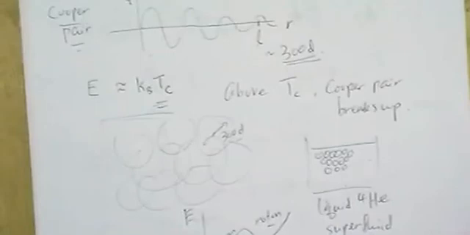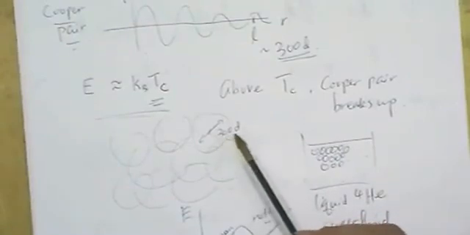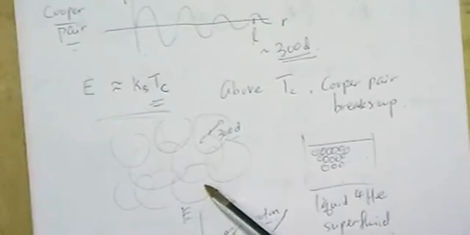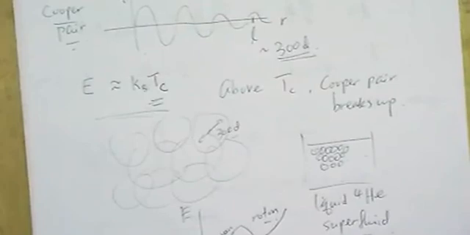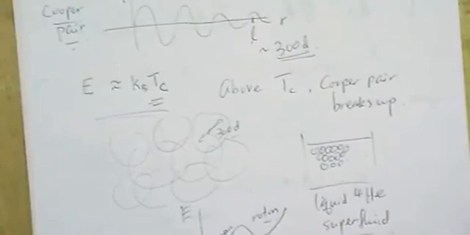So one possible way, even if it's qualitative, is to think that this close packing of the Cooper pairs leads to similar behavior to liquid helium-4, in that it could lead to properties of Cooper pair phonons and Cooper pair rotons.